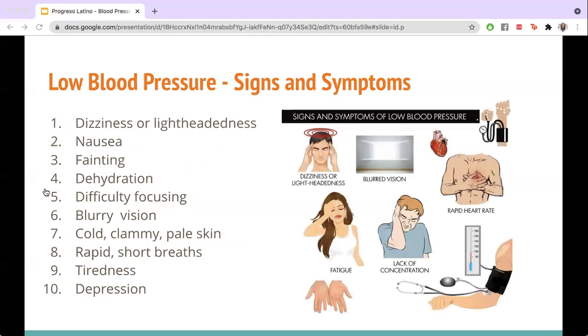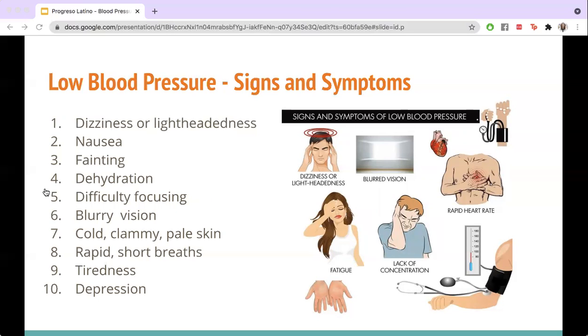So some symptoms and signs for low blood pressure include dizziness or lightheadedness, nausea, fainting, dehydration, difficulty focusing, blurry vision, cold, clammy, or pale skin, rapid, short breaths, tiredness, or depression.